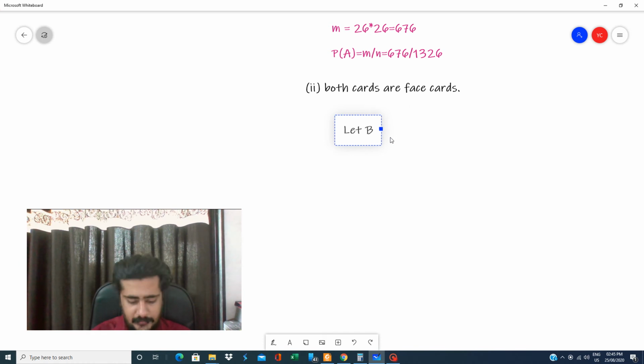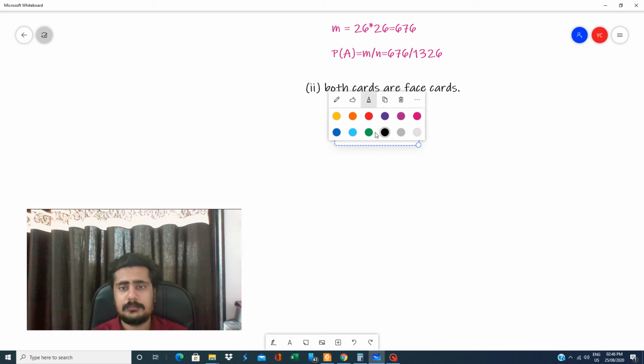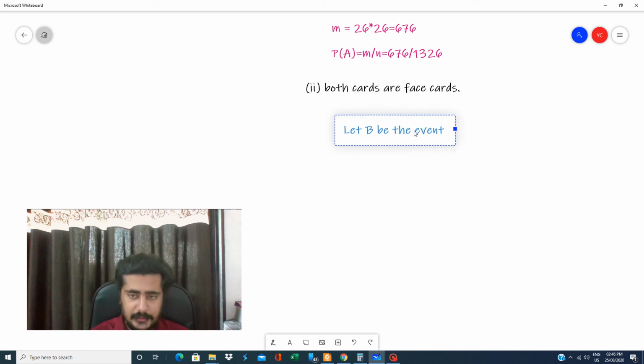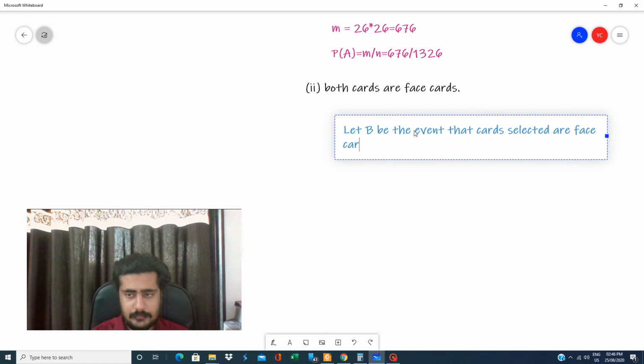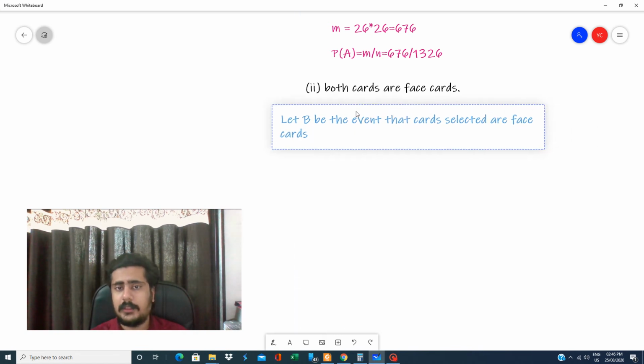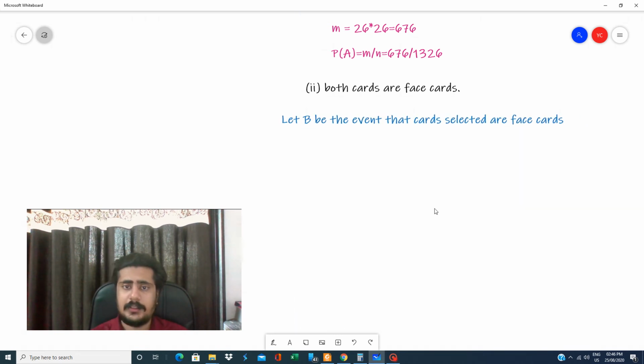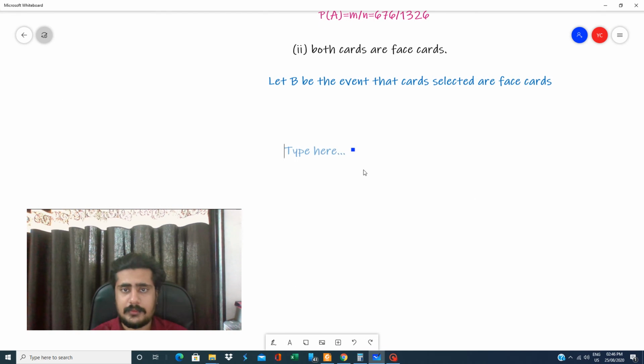Let the event be that the cards selected are face cards. So total 12 face cards are there. You need to select 2 from those 12 face cards. So it's 12C2.